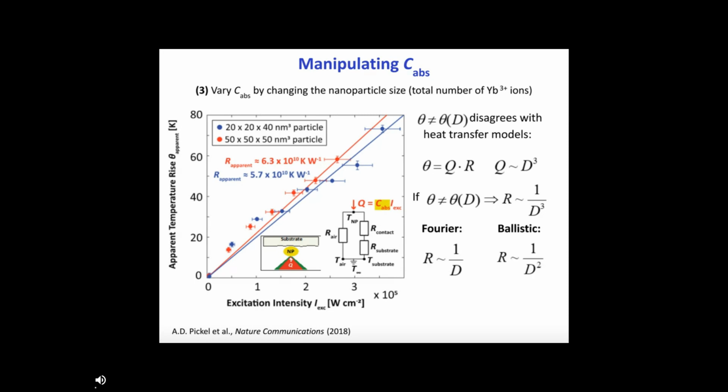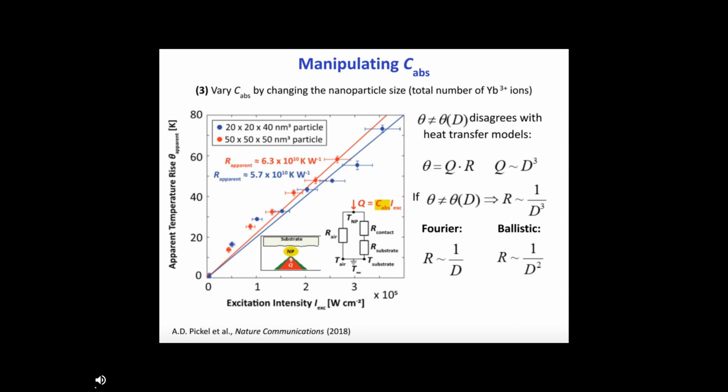It turns out that we're right on the border of being in a classical Fourier heat transfer regime versus a ballistic heat transfer regime, something I mentioned at the beginning of this seminar. But in either case, we can't get that 1 over D cubed scaling. We might be somewhere between the 1 over D scaling from the Fourier case or 1 over D squared from the ballistic case.